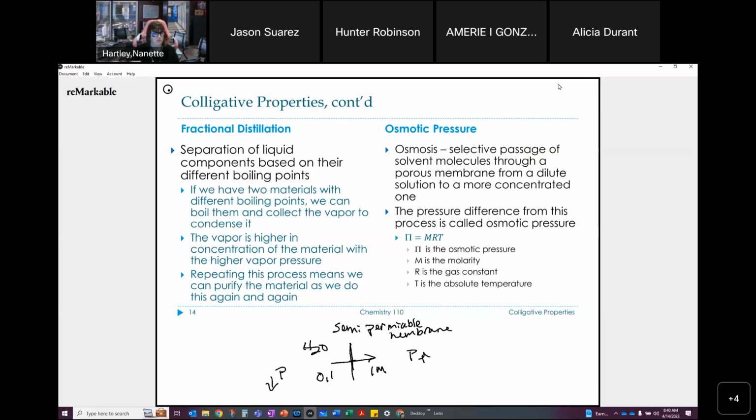That's the osmotic pressure. It's the difference that we're seeing there. Okay. So that pressure difference from this process is called the osmotic pressure. That's equal to pi, we call it pi, is equal to MRT. So M is the molarity, R is the gas constant, and T is the absolute temperature. So I can calculate what that pressure is.